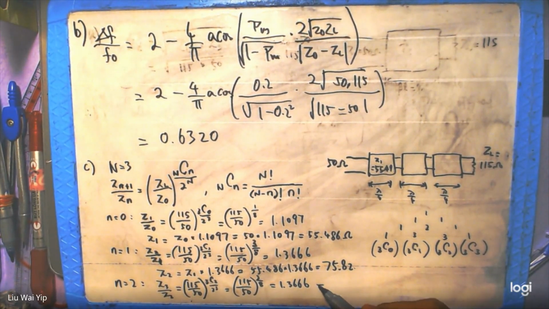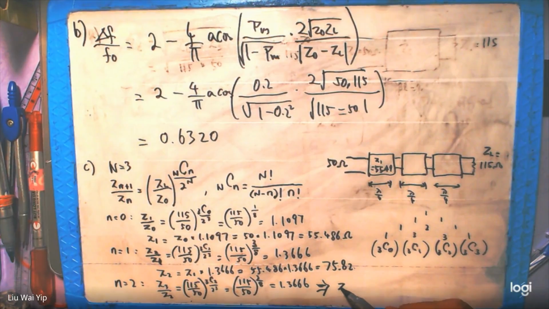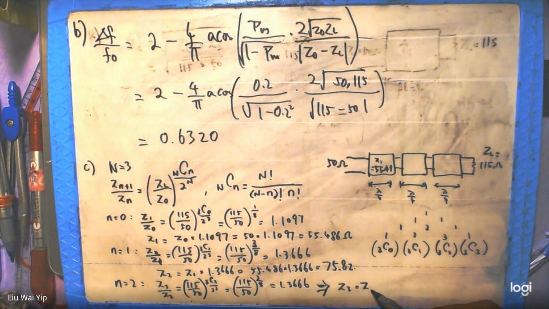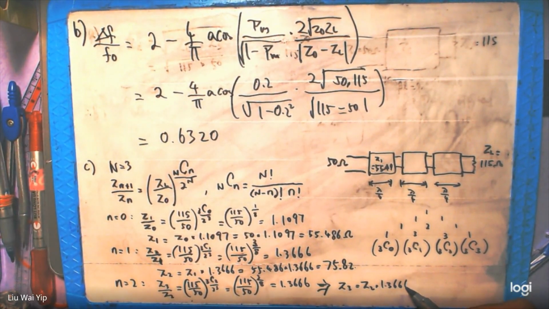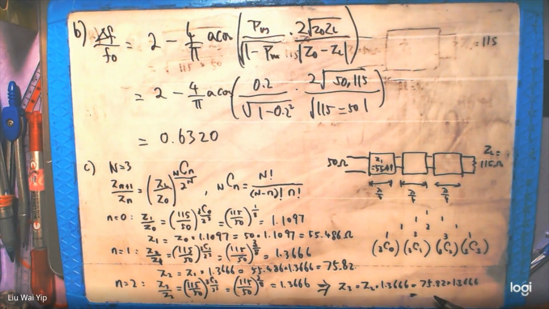So this means Z3 is equal to Z2 times 1.366, but Z2 is 75.82. So what you will get here is 103.63.